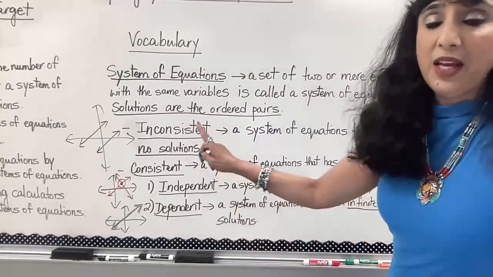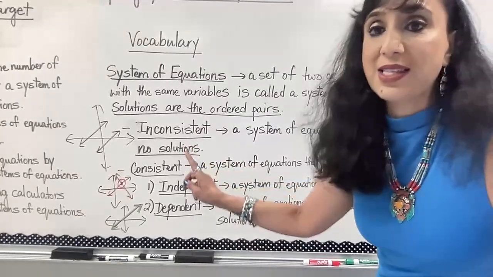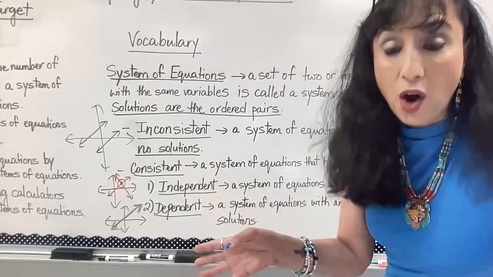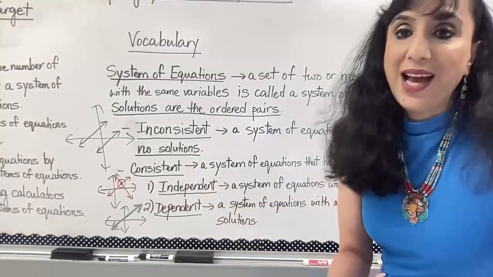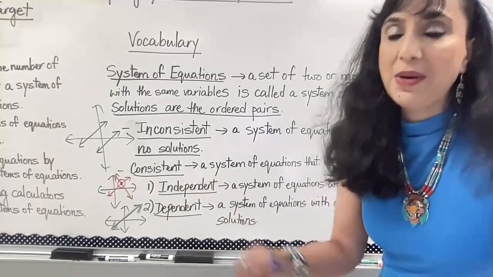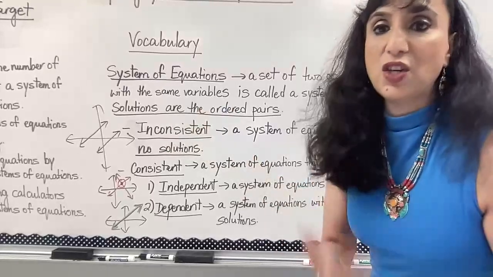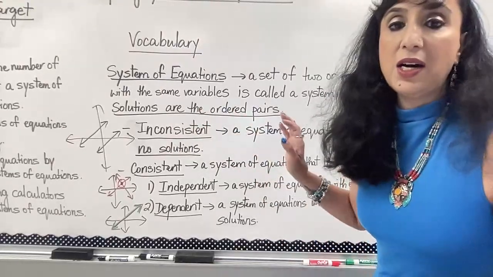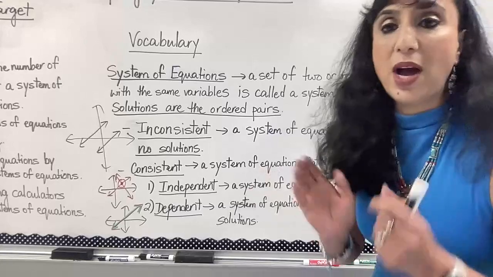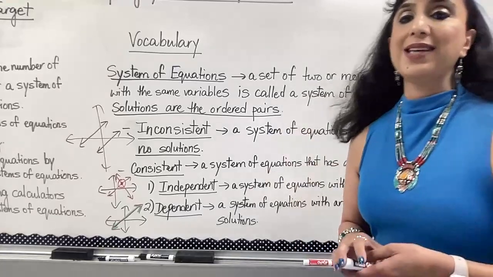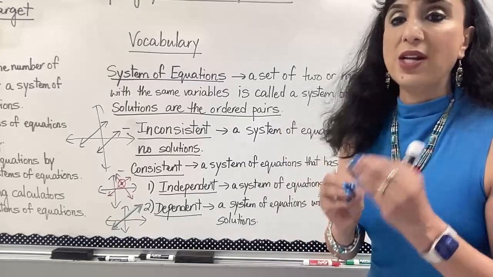Once again, in the first one, inconsistent, where there's no solution, those are parallel lines that do not intersect at all. They have the same slope but a different y-intercept, and that is why they are parallel, and because they do not intersect, there is no solution. In a consistent independent system, there is one point where the lines intersect, and that one ordered pair is the one solution.